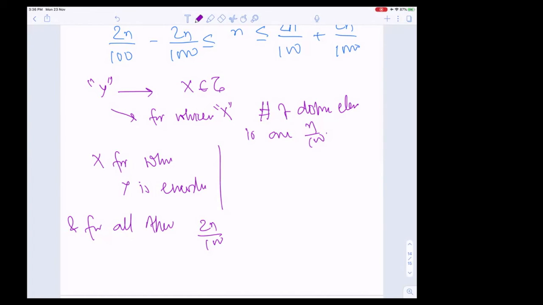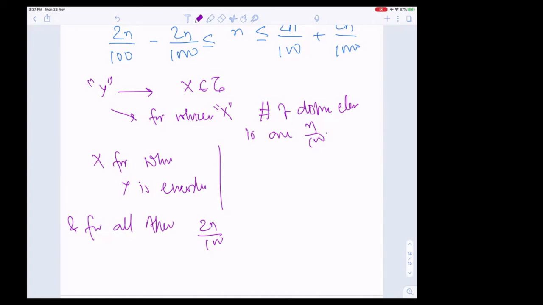So the only thing we have to care about is which X this is the encoding of. So I try all possible X for which this could be the encoding. And the great thing is, for the right X, the number of distinct elements is closer to n over 100.